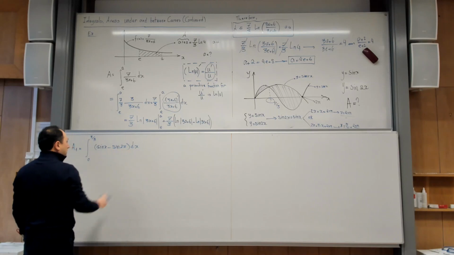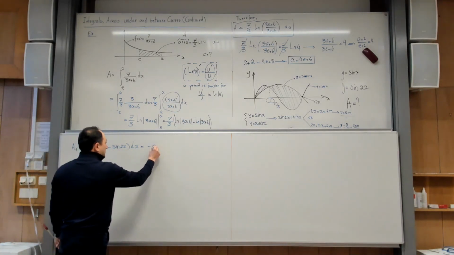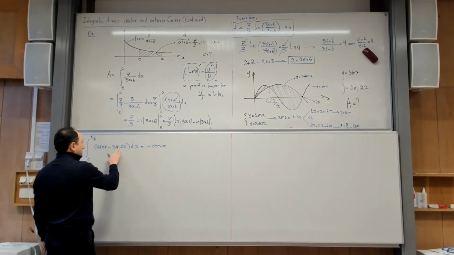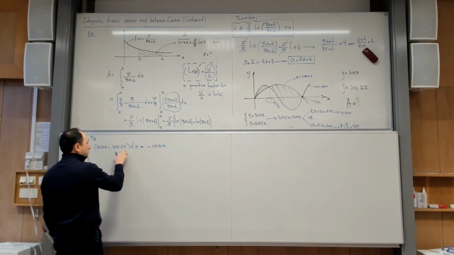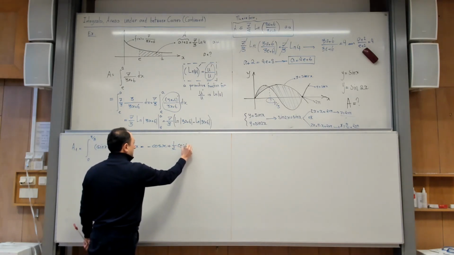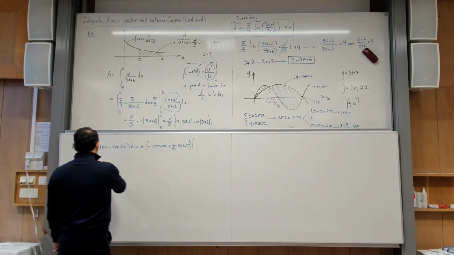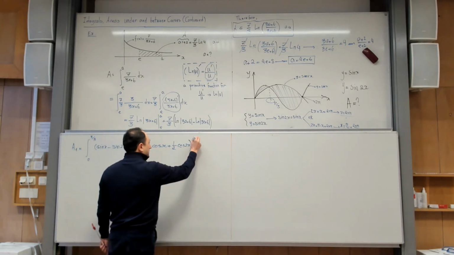And let me calculate this. A primitive function for sine x is negative cosine x. A primitive function for this one is negative 1/2 cosine 2x, so it becomes positive 1/2 cosine 2x. And then I have to calculate this between 0 and pi over 3.